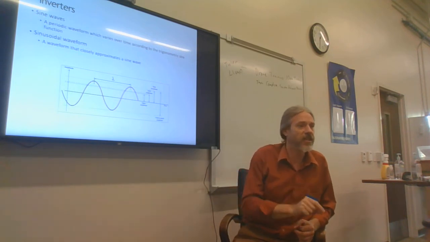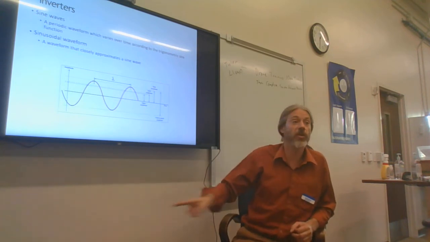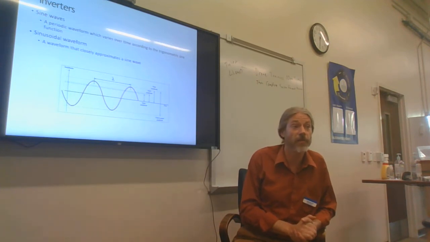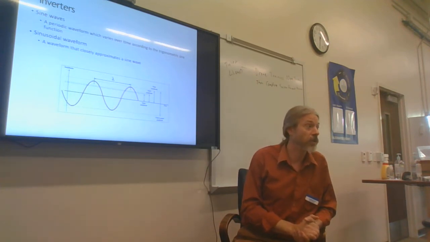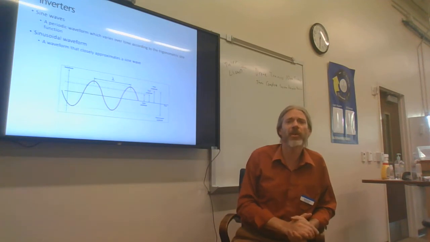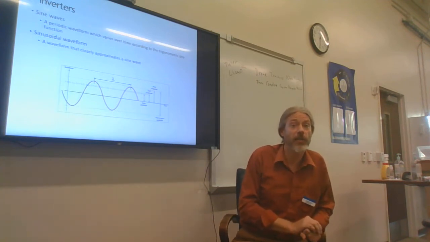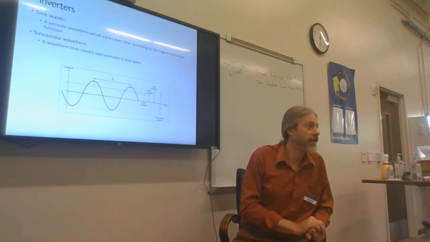All right. The main thing that I want you to understand right now is that when we talk about the voltage of a system, it's 120 volts in the wall, we are talking about the RMS voltage of that system. We are not talking about the peak voltage of the system. It's one of the reasons that the wires inside our walls are rated to handle up to 600 volts of AC.